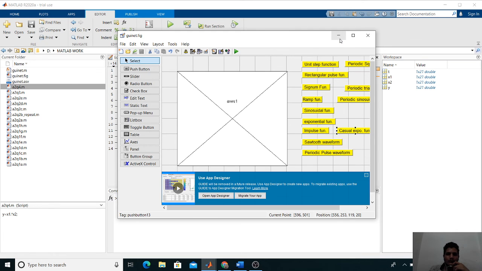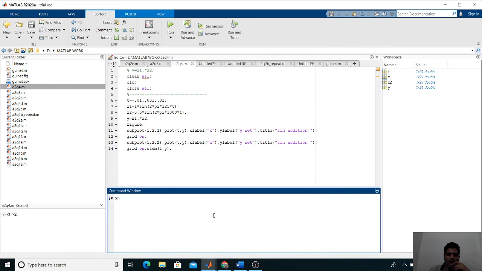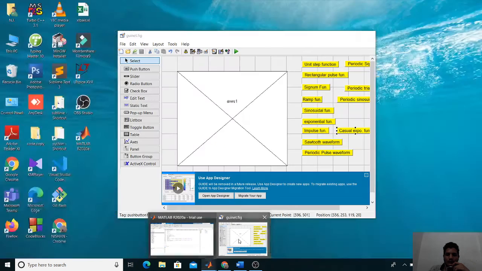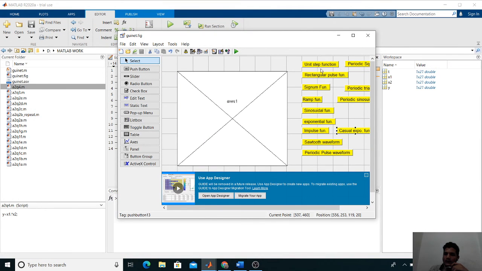One by one, in all the push keys I have written the proper code of exactly that function. So if I push that, it will plot that graph.